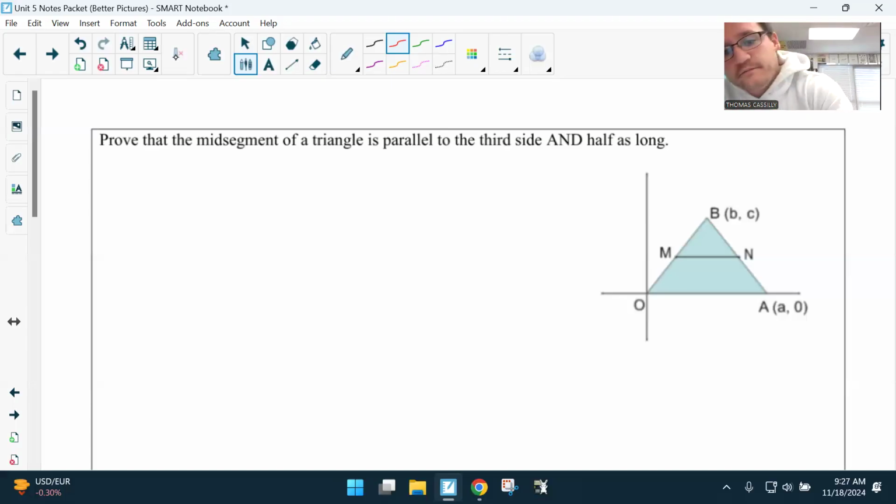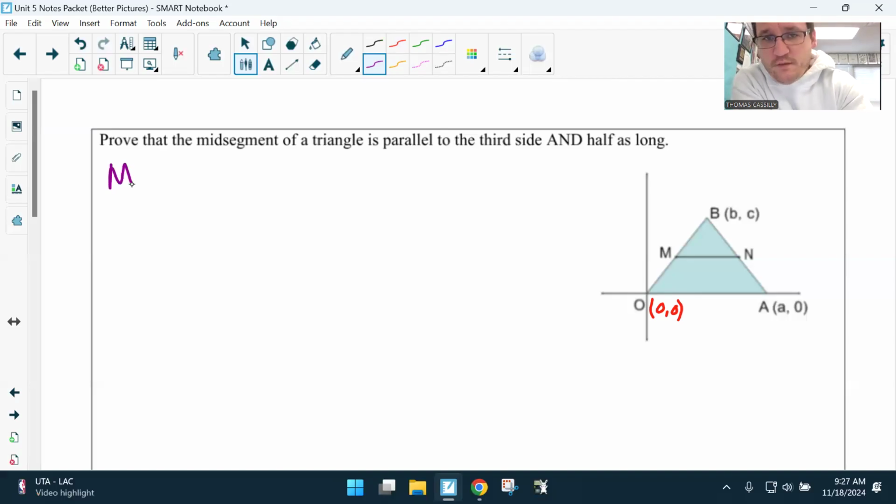So point O here, that is at the origin. So this is at 0, 0. All right, so we know that one. Now point M, what is the ordered pair on point M? M is a midpoint. All right, so what we have to do is figure out what it is. So we could say the x midpoint for M is going to be 0 plus B divided by 2. Right?